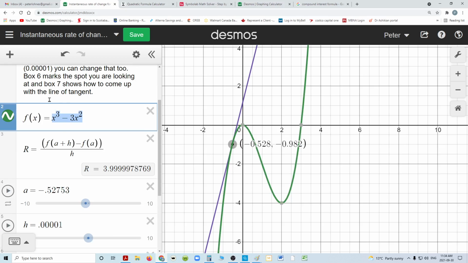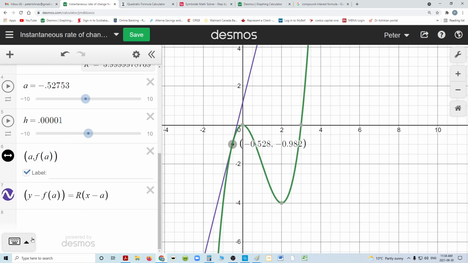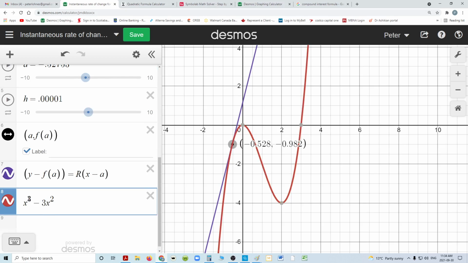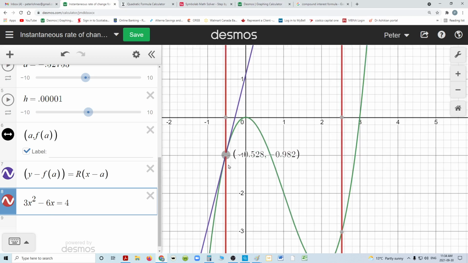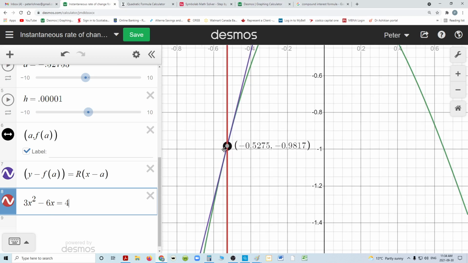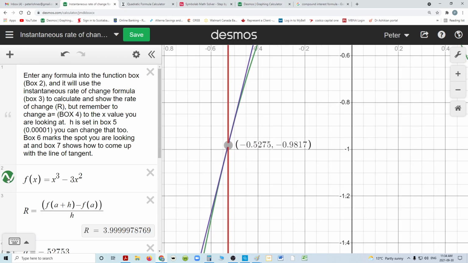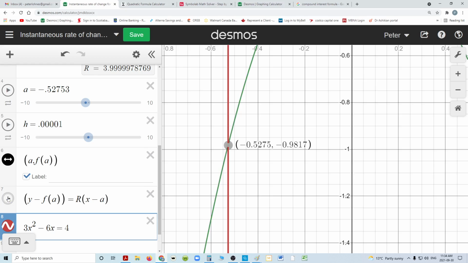I could also take my formula that we discovered, which was 3x squared minus 6x, and I can set it to equal 4. It will draw me 2 lines where that happens. I'll just turn off the other thing. There we go.